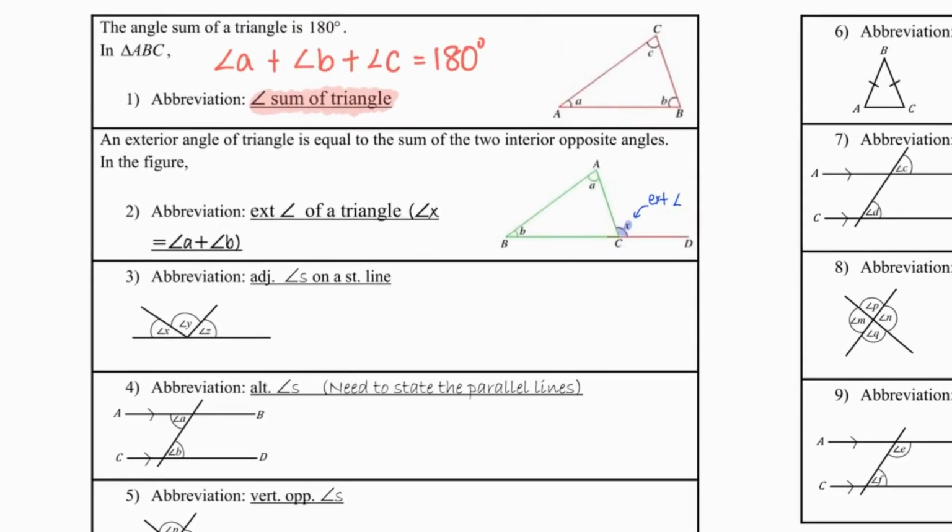Well, this means that angle X is equal to, in this case, my angle A plus angle B. And the abbreviation: exterior angle of a triangle.